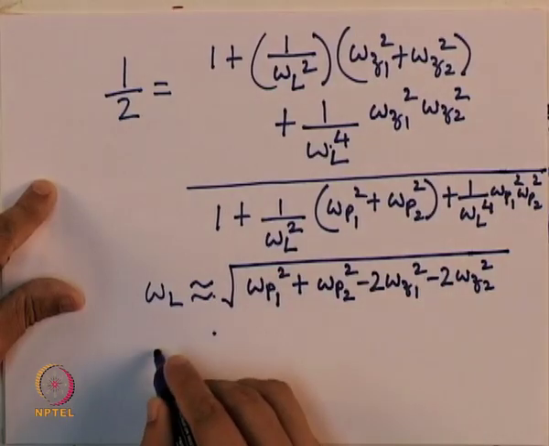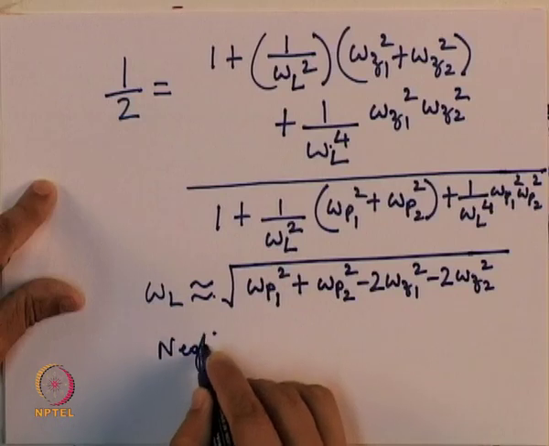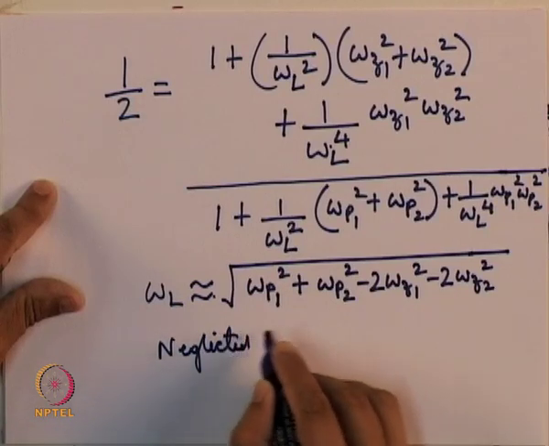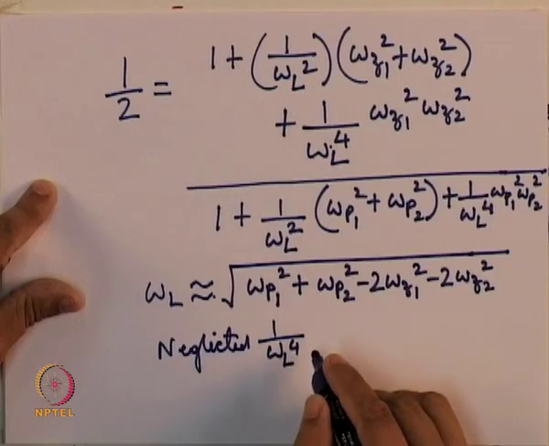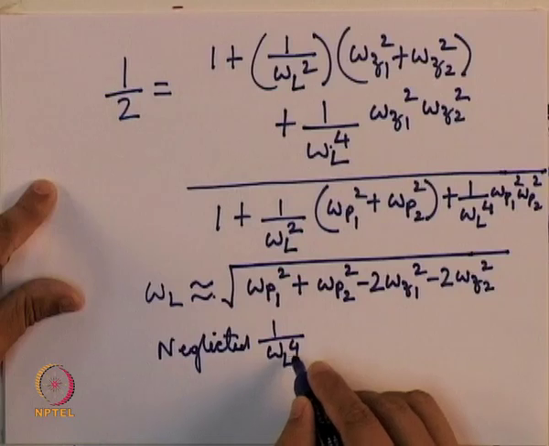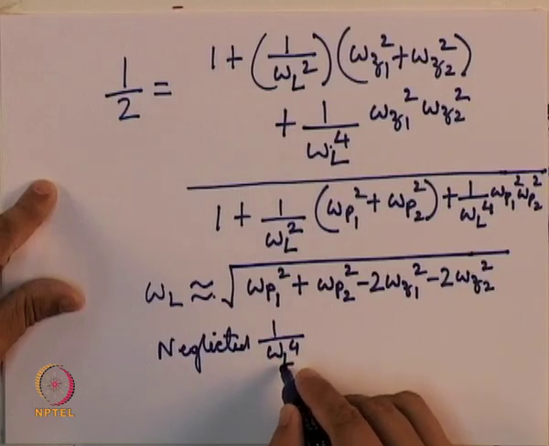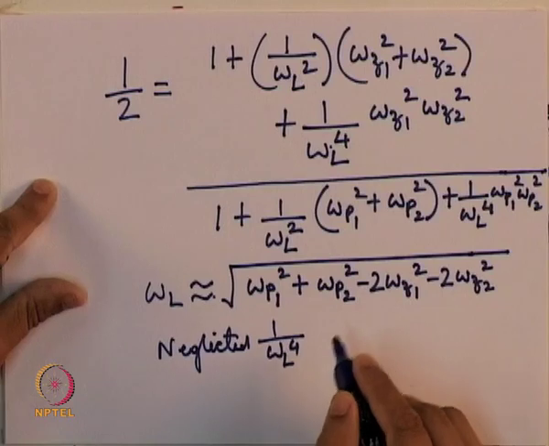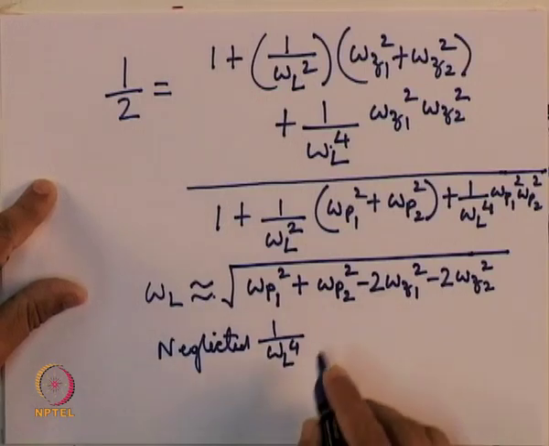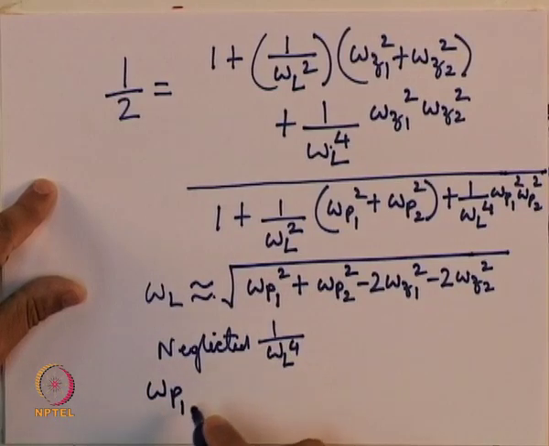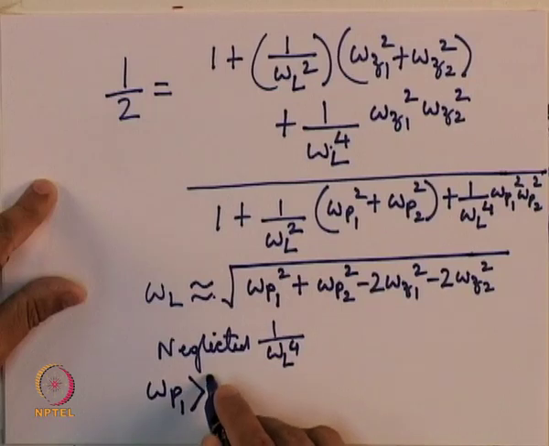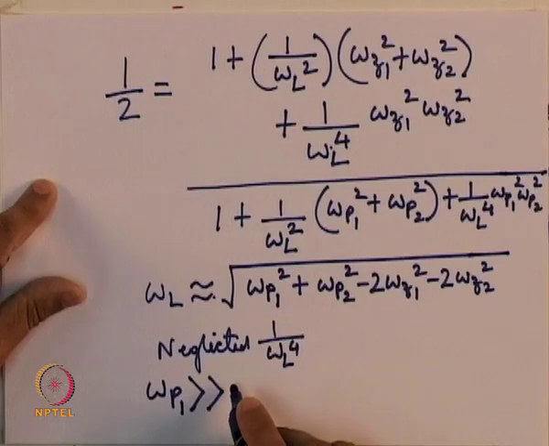Now, here we have neglected the 1 upon omega L to the power 4 term, since this omega L is much larger than the rest of the poles and zeros. Now, suppose this omega p1 is the dominant pole, and as I said, it is at least 4 times greater than the nearest zero or pole.